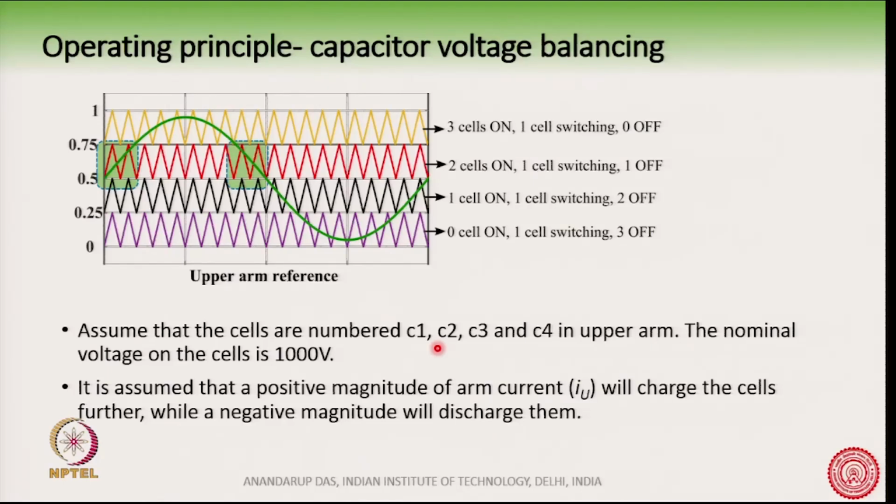Now again there is another assumption that a positive magnitude of current I u will charge the cells further, while a negative magnitude will discharge them. What I wanted to say here is that suppose the cells are like this.